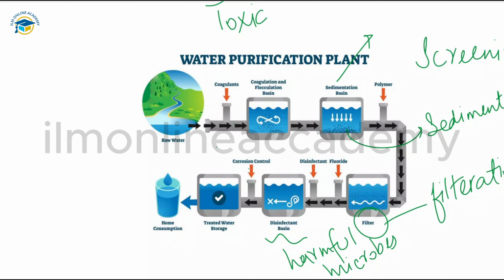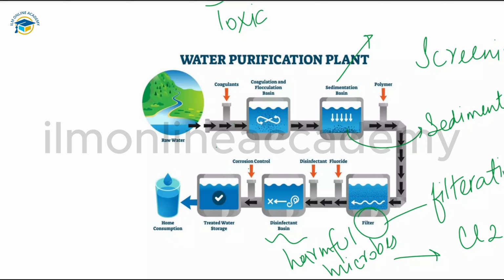Different countries use different methods to disinfect, but one of the most common methods is to add small amounts of chlorine gas. Chlorine is added at a concentration of almost 2 to 3 milligram per decimeter cube. So this is how you can do the purification.